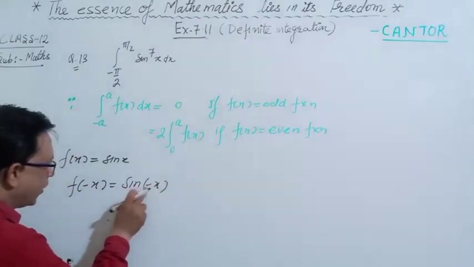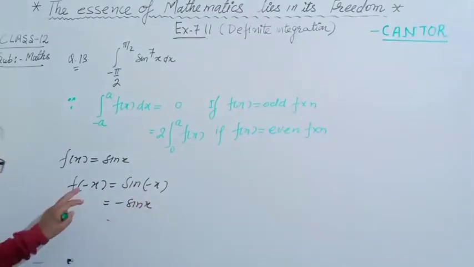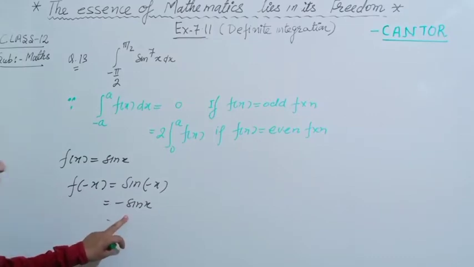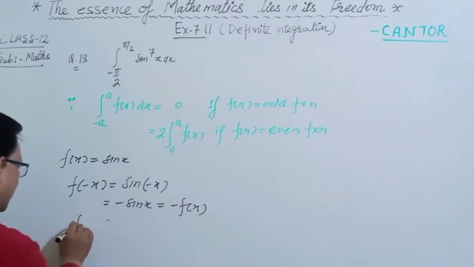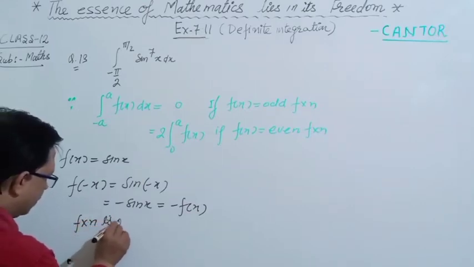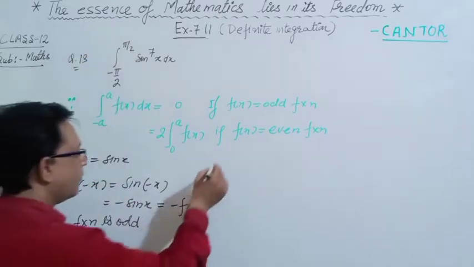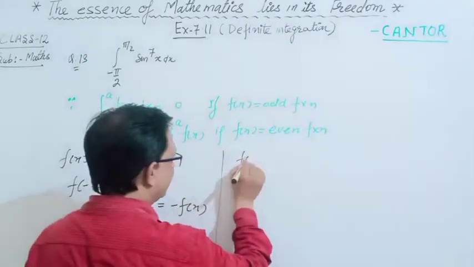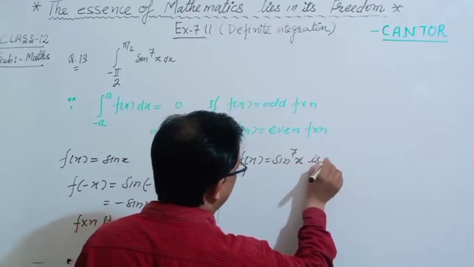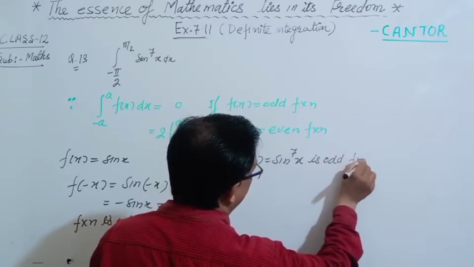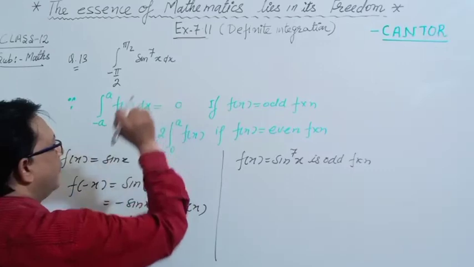Everyone knows sin of minus x is minus sin x. If we put a negative sign and get a negative result, meaning we get minus f(x), then the function is odd. So f(x) is equal to sin to the power 7 x is an odd function, and by this property the value of the integration becomes 0.